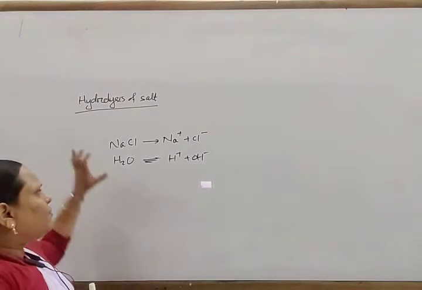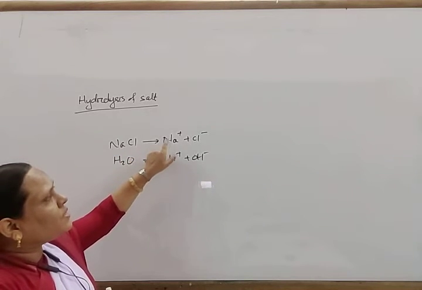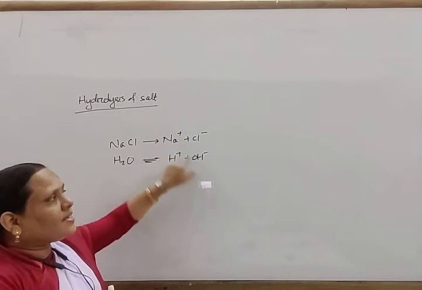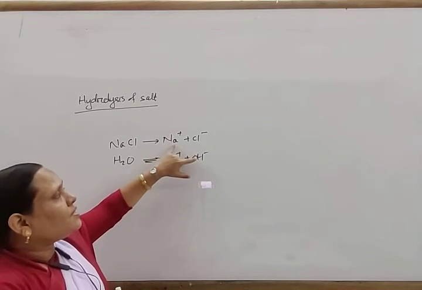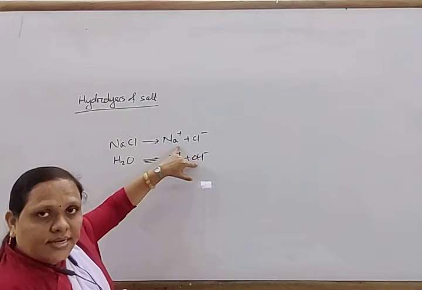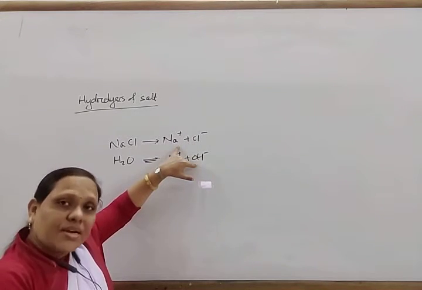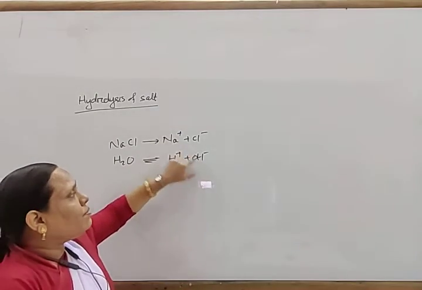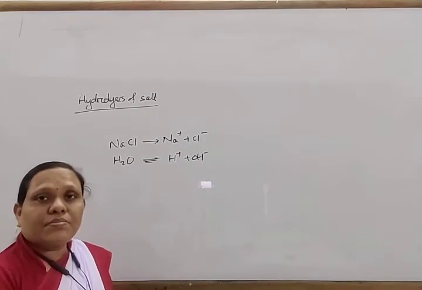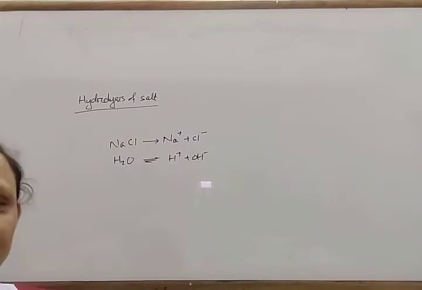Look here. Whenever this type of situation arises, if by the combination of the positive and negative parts we get a strong electrolyte, then these two do not react, they remain as ions. But if by the combination of these two a weak electrolyte is formed, then these two combine.